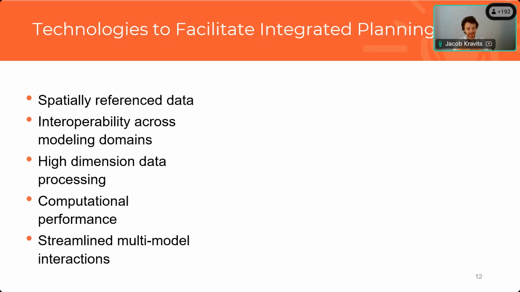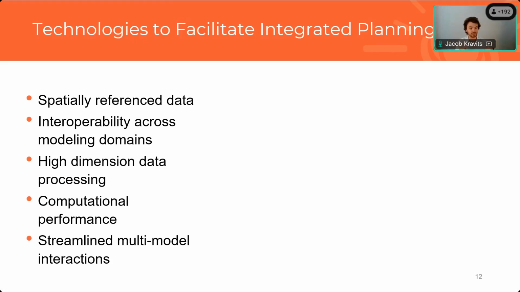Sometimes having the spatial data is really key. So from a software perspective, it's important to have spatially referenceable data, allowing the modeling domains to operate with one another. We saw that was really important in the run stage of integrated generation and transmission planning. How can I have a data set that I can apply a production cost model on and an AC power flow model on top of?